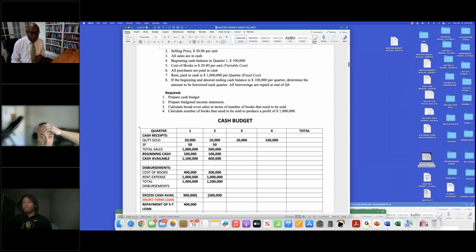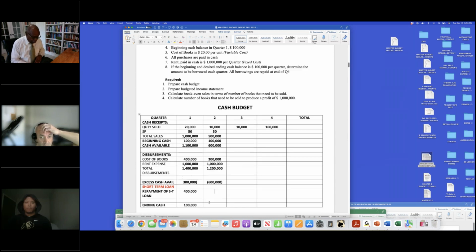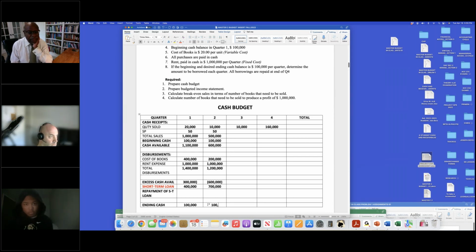So now how much do we have to borrow? $700,000, because we've got to have 100,000 extra in ending cash. We were at 400,000, and now we need 700,000. So we borrow $100,000 more because we need an ending cash balance of 100,000.